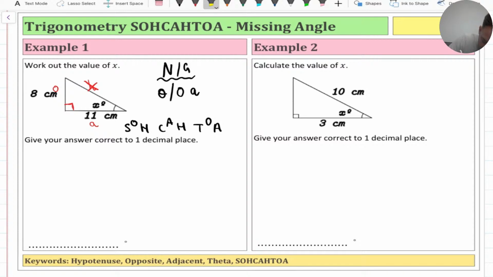O is in my need and got list, so I highlight O. And A is in my need and got list, so I highlight A. Now, this is the question that some people struggled with last time: which one do I use then? And it's the one that's got two things highlighted. So it's going to be this one here, the tan one, the TOA.